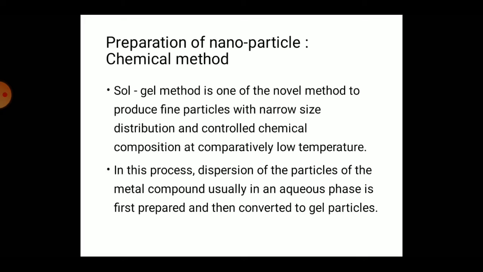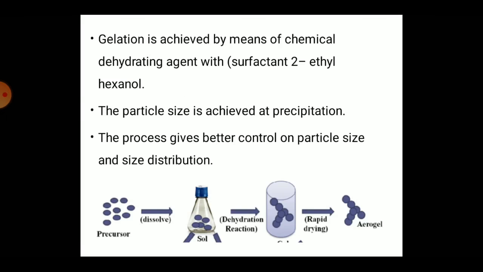And so in this process of the Sol-Gel method, dispersion of the particles of the metal compound, usually in the aqueous phase, is first prepared and then it is converted into gel particles. Which means your metal particles are first dispersed in aqueous solution. That means a solution is prepared first and then it is converted into a gel state. Gelation in this method is achieved by means of a chemical dehydrating agent, that is your surfactant 2-ethyl hexanol.